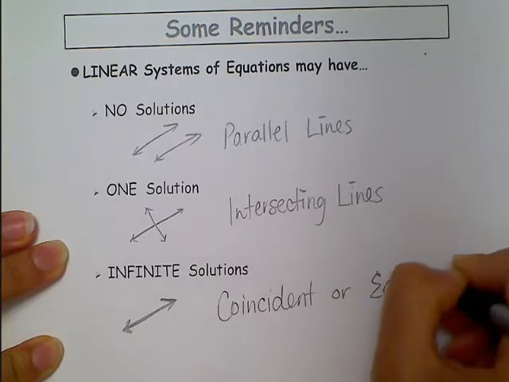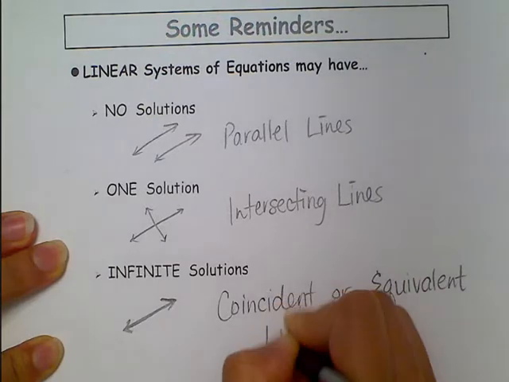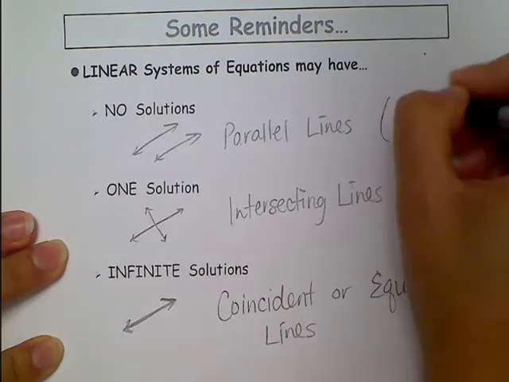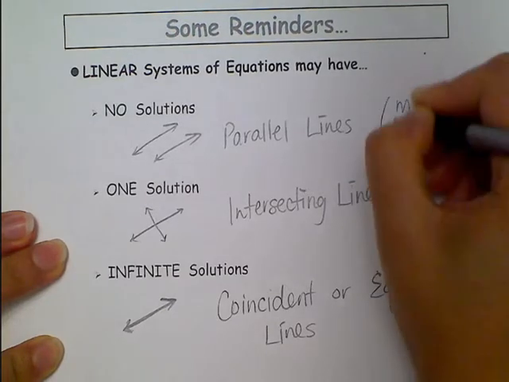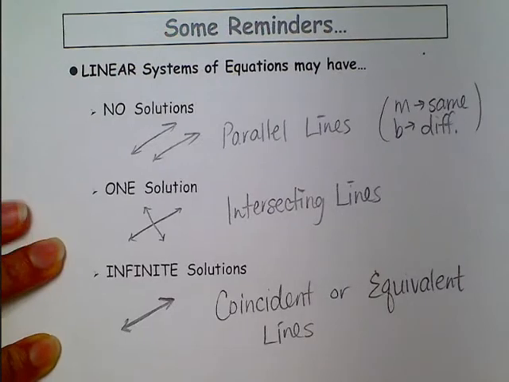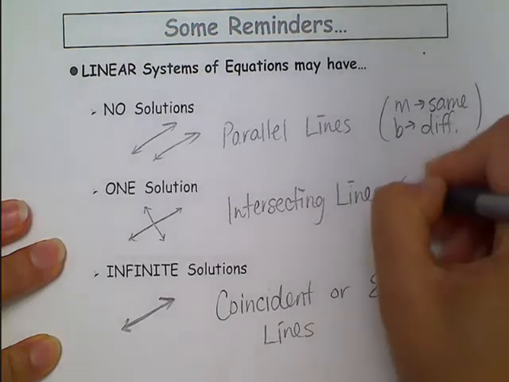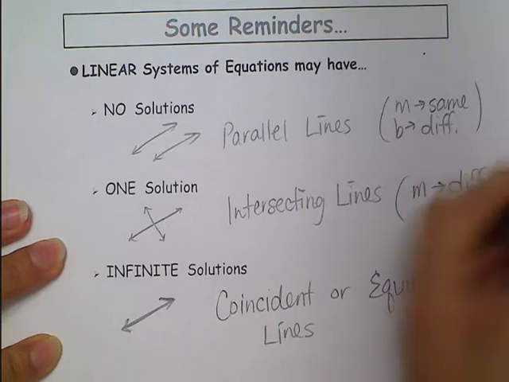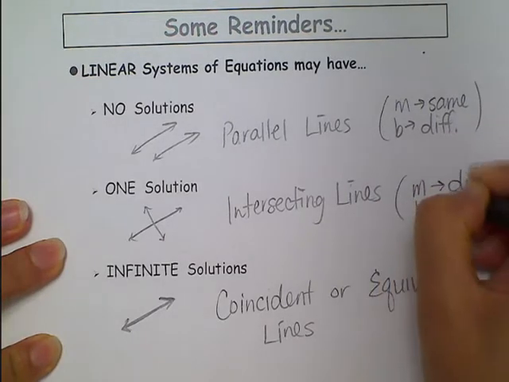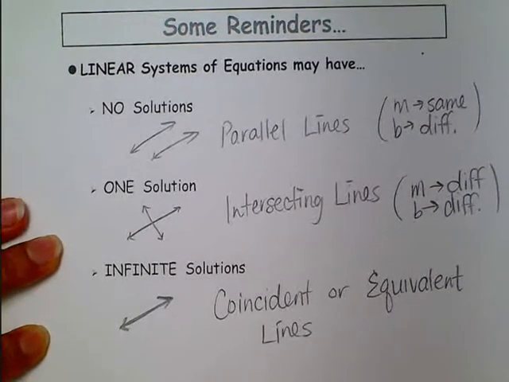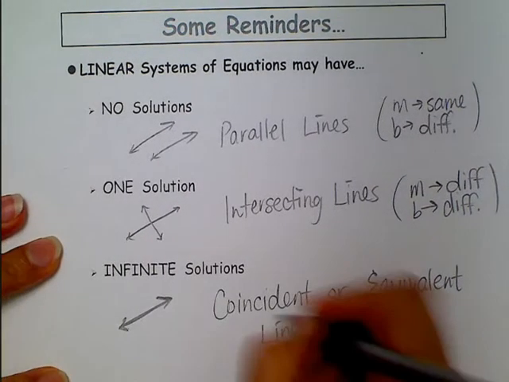Some of the things that you know about each of these lines are that for parallel lines, the slope was the same and the y-intercept was different. For intersecting lines, most of the time the slope was different and so was the y-intercept. The only time the y-intercept was the same is if the point of intersection between the two lines happened to be on the y-axis.